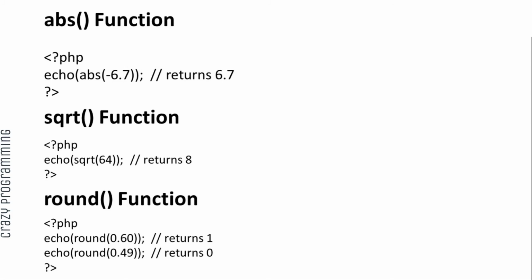Inside round we use the value 0.60, and the round off of 0.60 will be 1. In the second one we use the round off of 0.49, and its result will be 0. Why will this result be 0? Because the nearest value of 0.49 is 0, not 1.